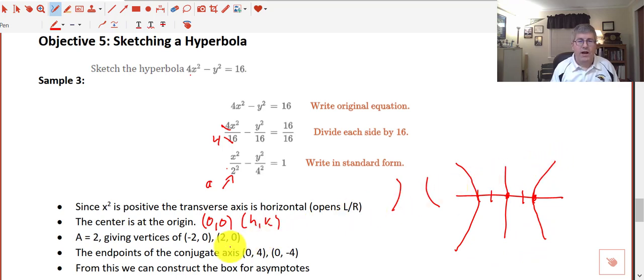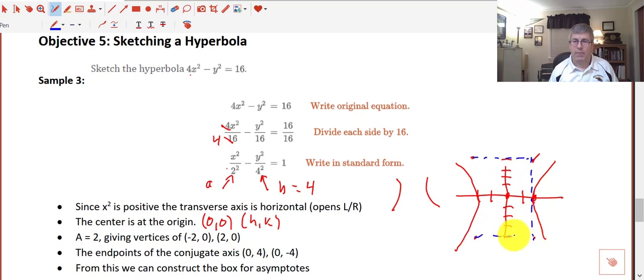The endpoints of the conjugate axis are 0, 4, and 0, negative 4. Well, that comes from our b value, right? Our b value is 4, and the box for our asymptotes is going to look something like this.